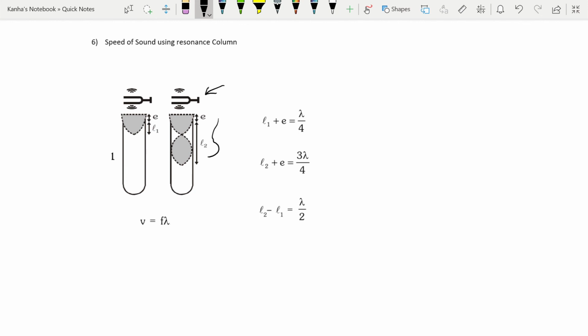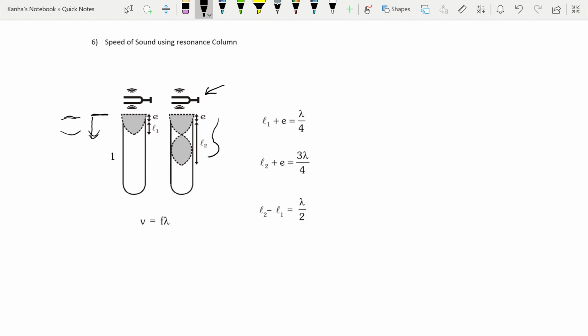Let me fill the water till here and start decreasing the level of the water. As the water goes down, the length of the air column will start to increase. As we try to increase that, a stage is reached where you will observe an intense sound from the column. Okay, this is where the resonance will happen.